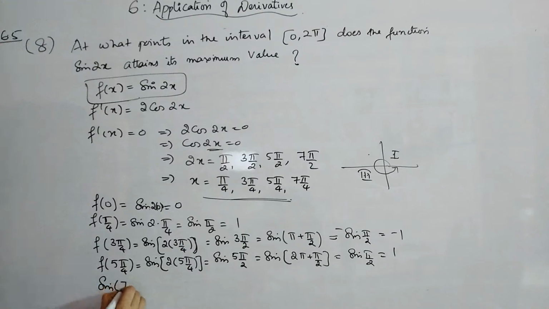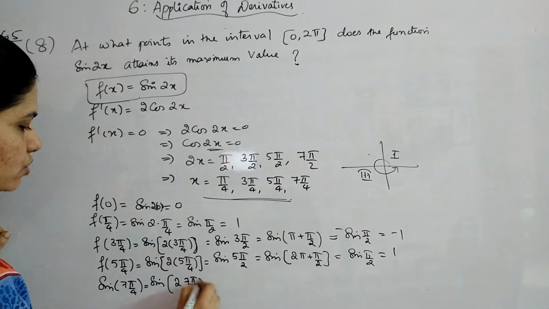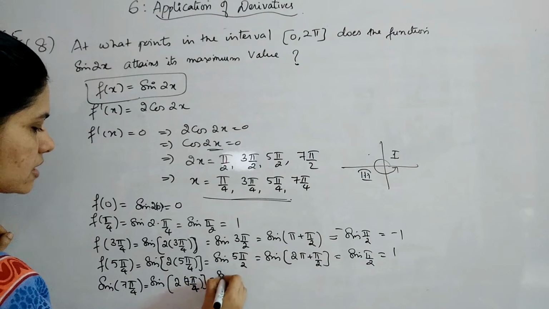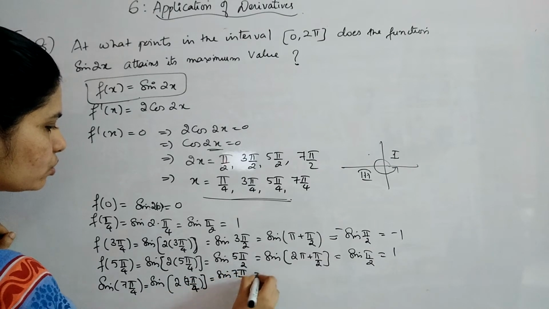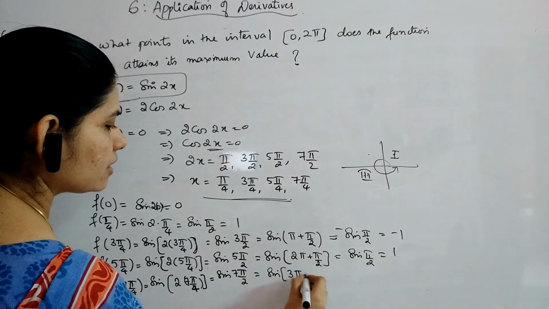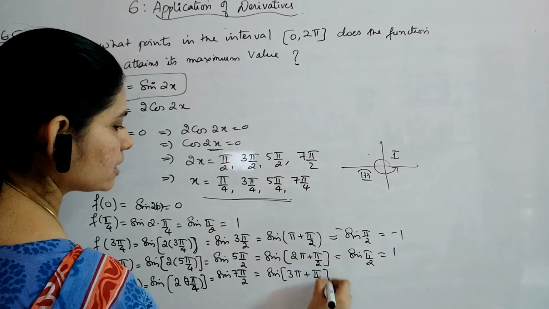Next is f of 7 pi by 4, which is sine of 2 into 7 pi by 4, which is sine 7 pi by 2. Again, this can be written as sine of 3 pi plus pi by 2.